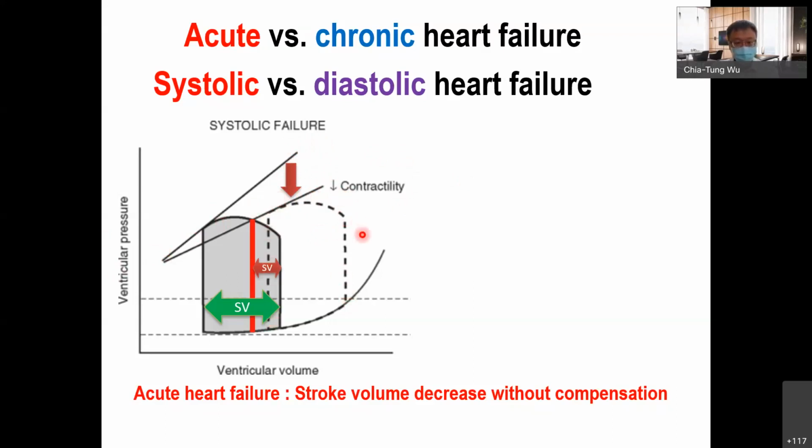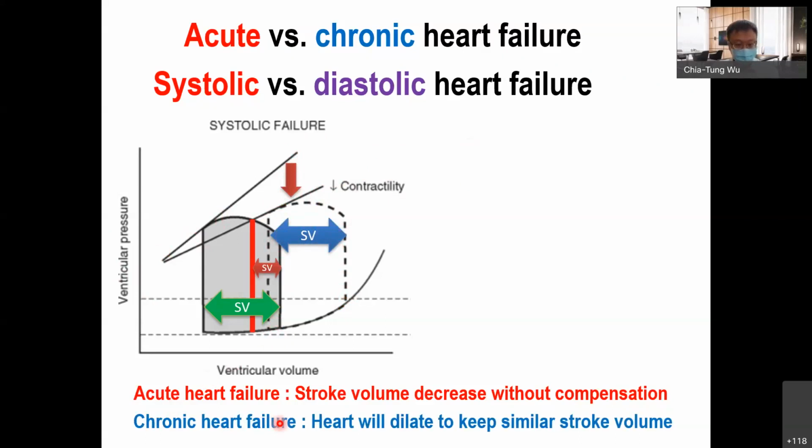Your heart dilates. Both your end diastolic and end systolic volumes increase. So you can keep the same stroke volume at this contractility, at this ESPVR. So this is called chronic heart failure. Your heart gets bigger, but you can keep a similar stroke volume and you will not die.